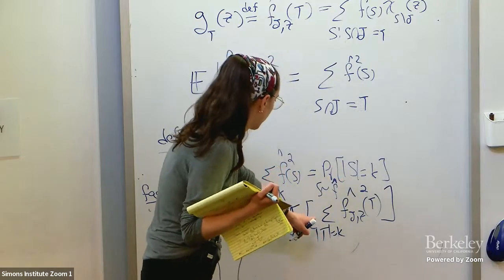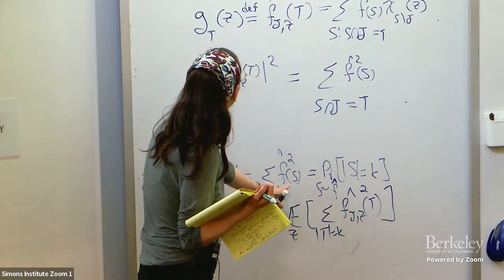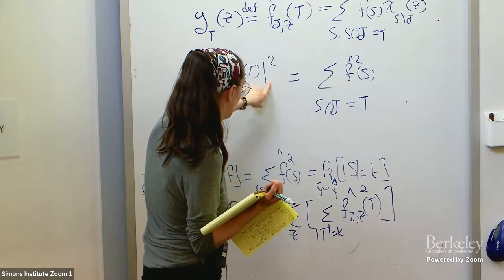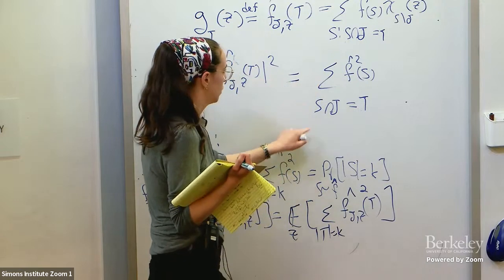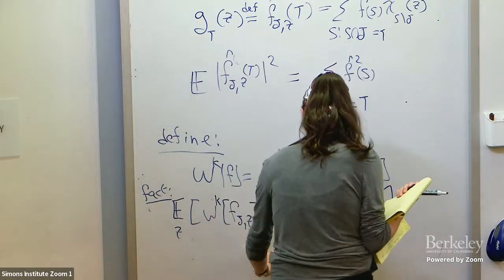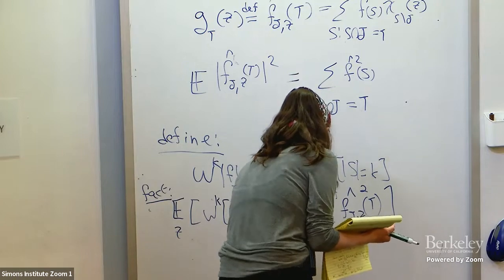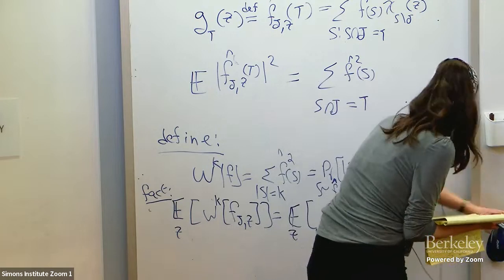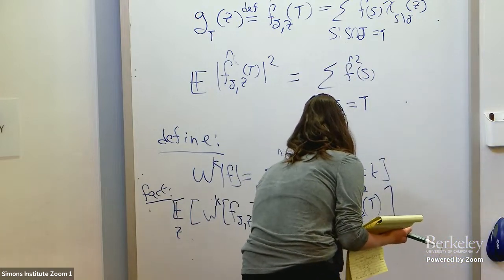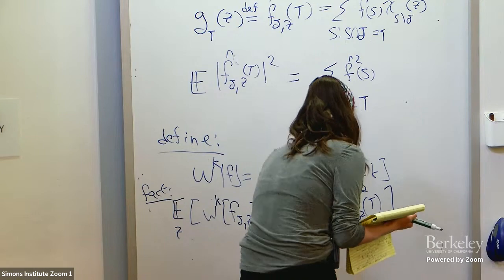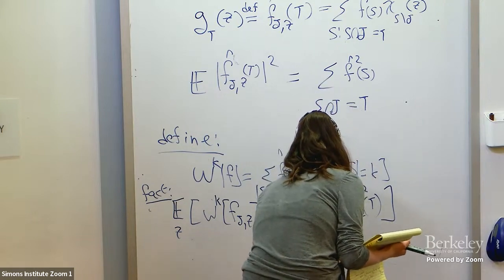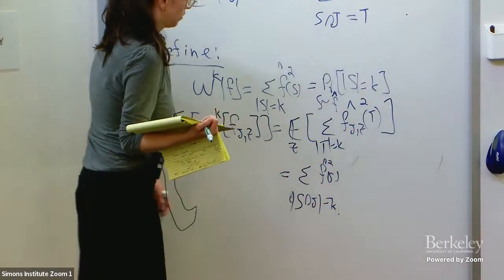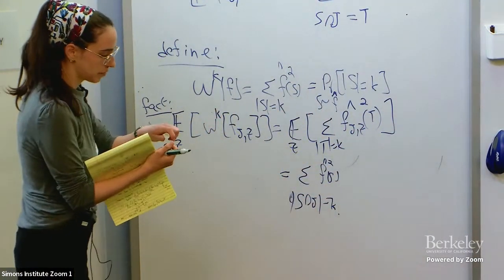Now we already know the expected squared coefficient, so we can take it here. There's no expectation anymore, this is just a summation of the squares over all S with the size of this set equal to K.